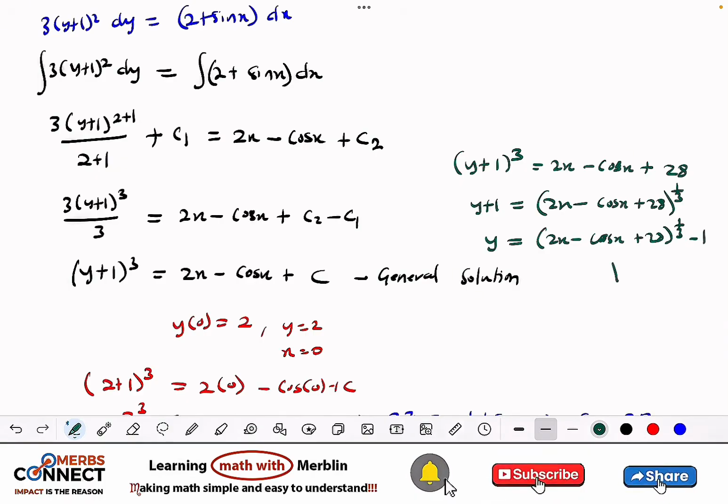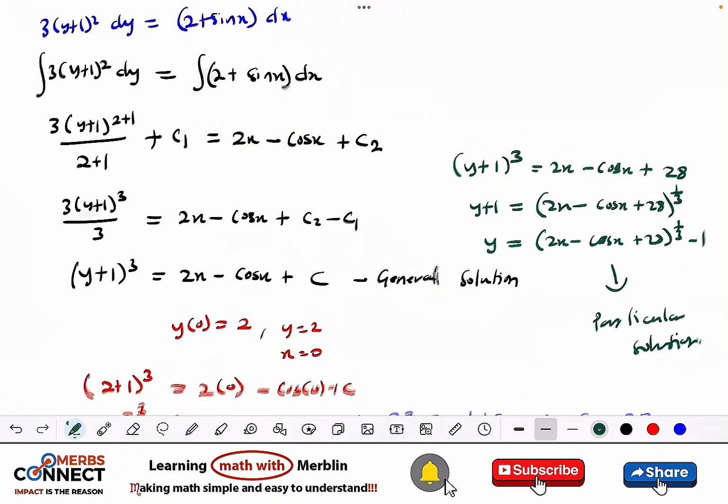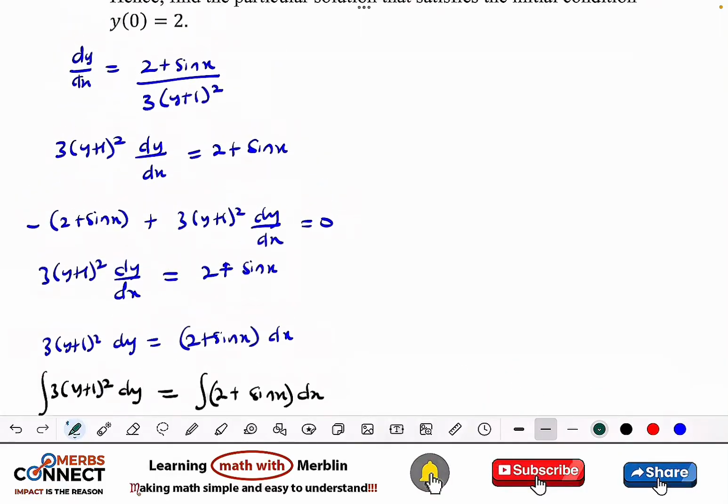Good. So now this is the particular solution. Good. So it's kind of very simple.